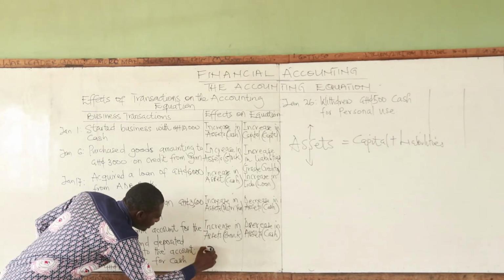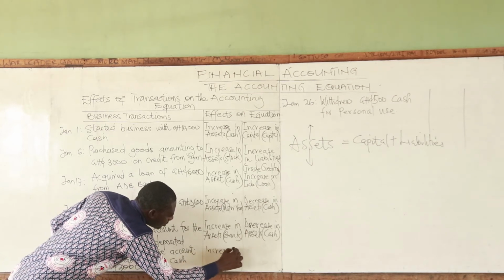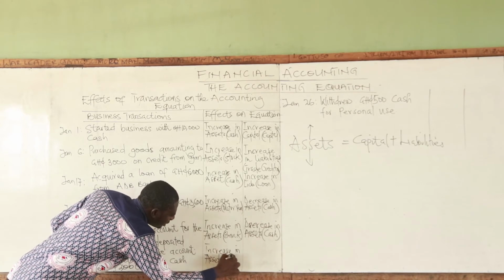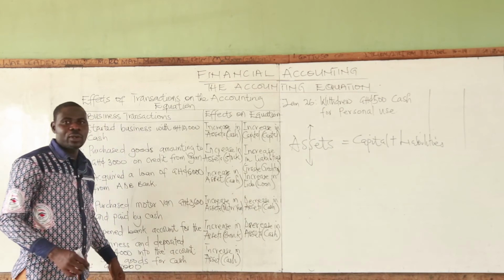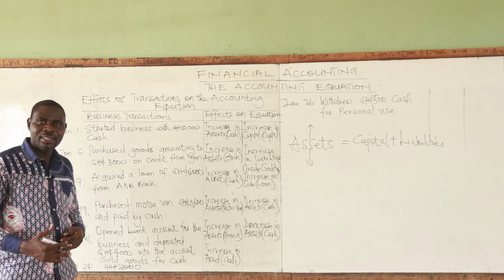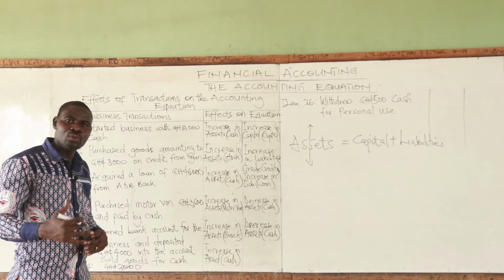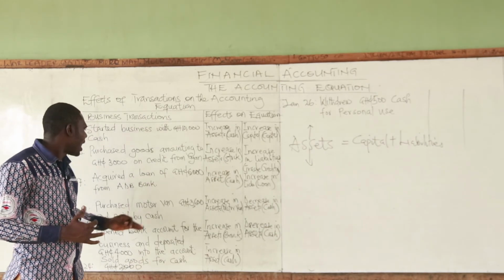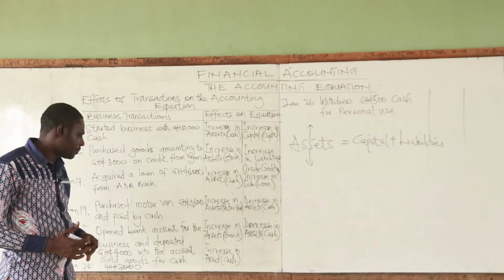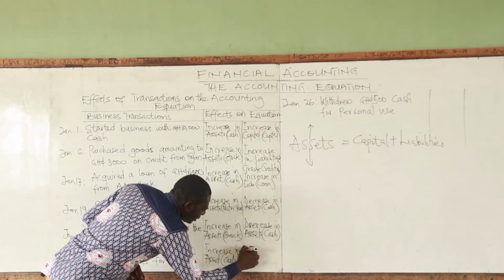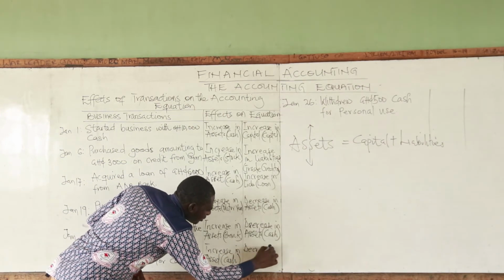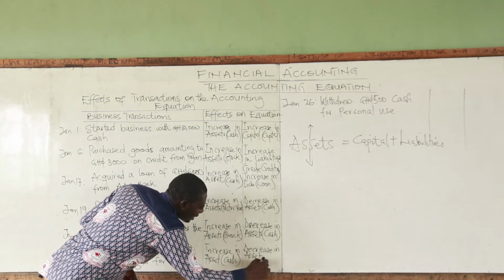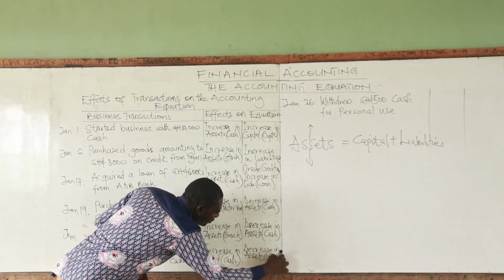So there will be an increase in asset, which is cash. And what is leaving the business? Goods, stock. The stock that we purchased, some of it is leaving the business. So we have a decrease in asset. Don't forget, stock is an asset.